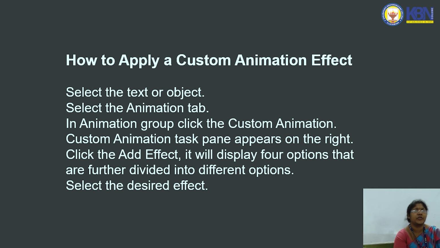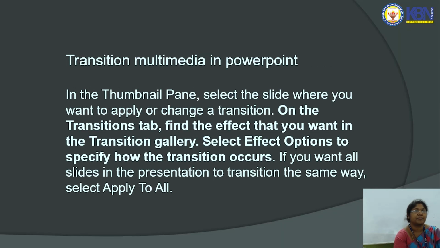Select the text or object, select the Animation tab, and in the Animation group, click Custom Animation. In the custom animation, a pane appears on the right; click Add Effect. After that, you will get different options. Select the desired effect.